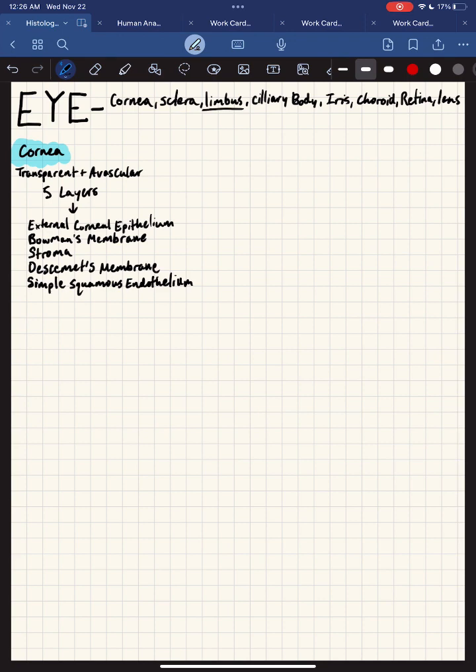So, that being the cornea, now on the other side, not in the middle, you'll see why in a second, I'm going to write the sclera right here. Move that over a little bit.